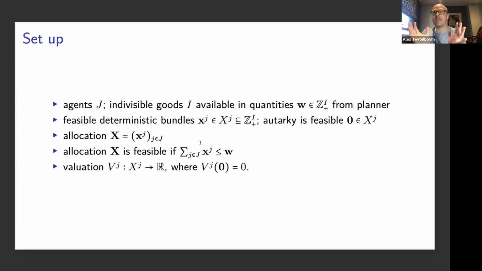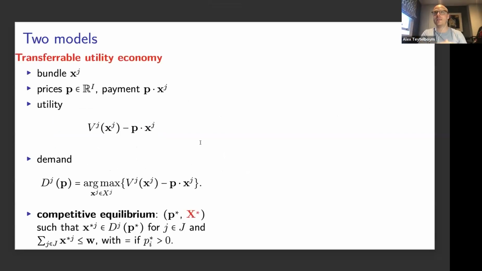Imagine it's the same agent. Their preferences are fully captured by V. And now I'm going to think about how they might behave in these two different economies. I think it's the simplest way of thinking about it. So the primitive object that captures the preferences is V, the valuation. Okay, so you've seen this from Ravi.